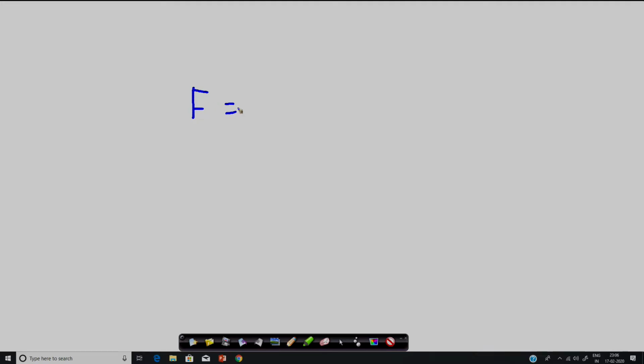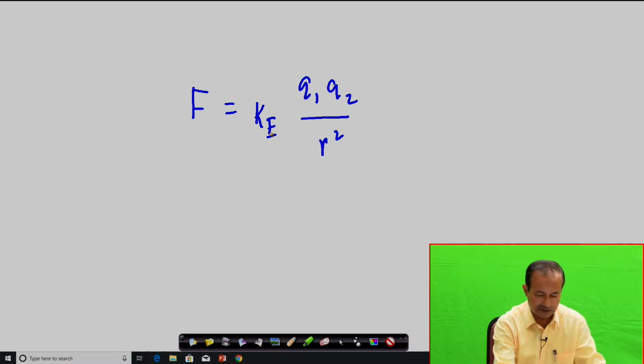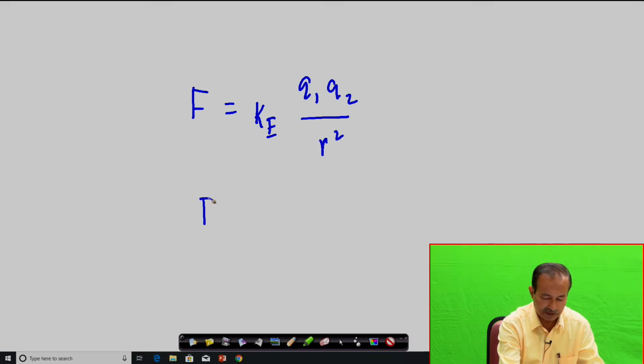It just depends on how you write this force equation between two charges. So, if you have two charges, then you have q1 q2 by r square, and then you can put a constant here. Similarly, if there are two currents flowing, then I1 I2 by r into k m.